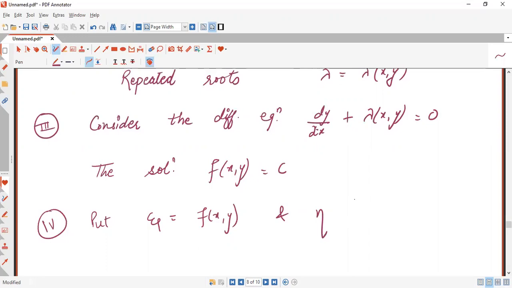Now we have got only one solution as f. That we have substituted as xi. Now eta, you will take any function of x or y independently. It's your choice. Alright, then again, here we know that u is a function of xi and eta, we will differentiate u with respect to x, with respect to y, according to the differential equation given to us. Okay, and then we'll substitute the values and we'll get the canonical form.